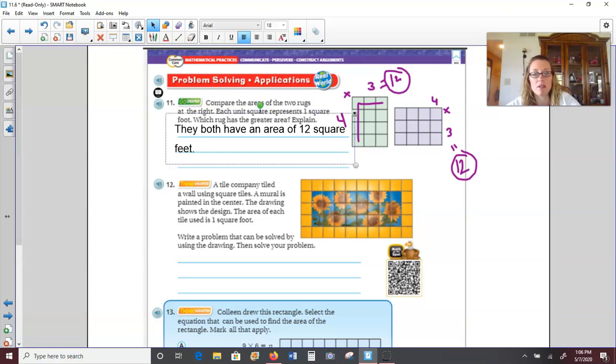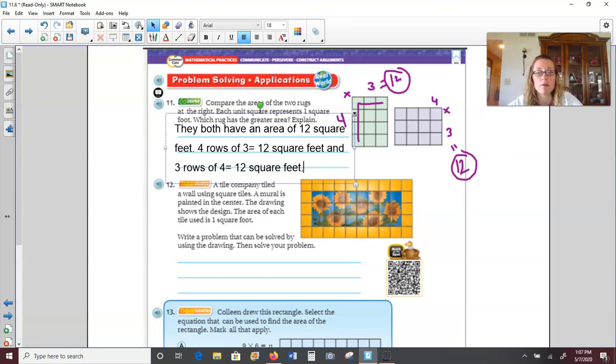So to explain how they have the same area, we could say 4 rows of 3 equals 12 square feet, and 3 rows of 4 equals 12 square feet.